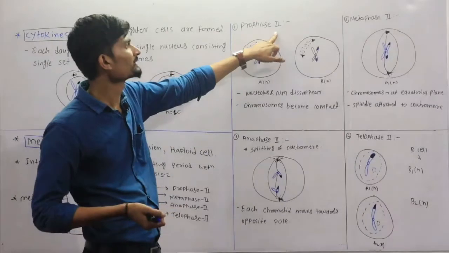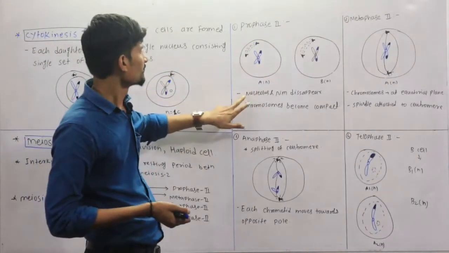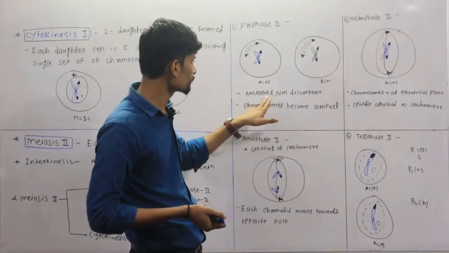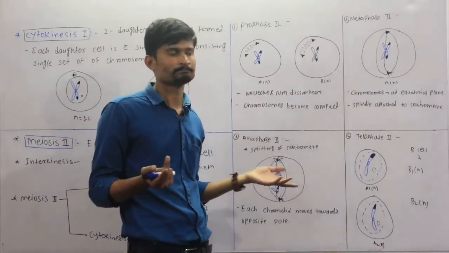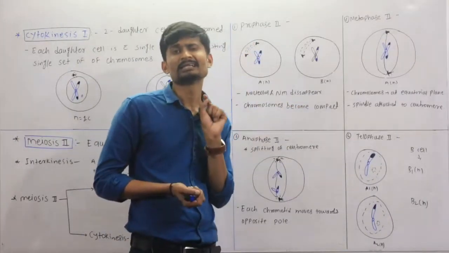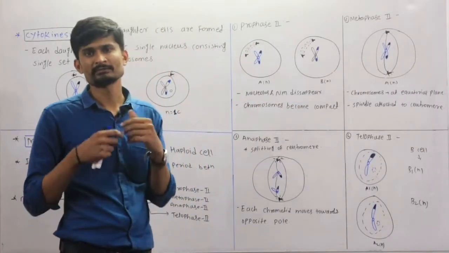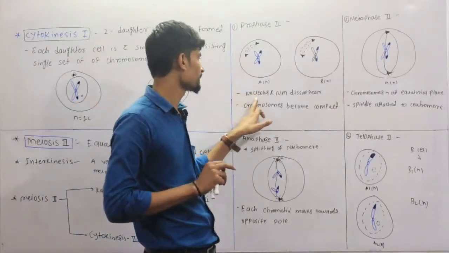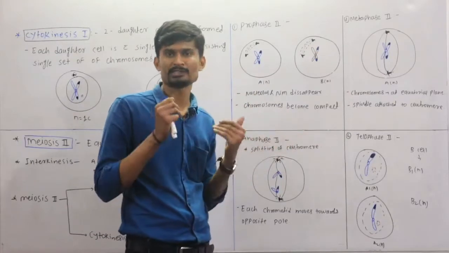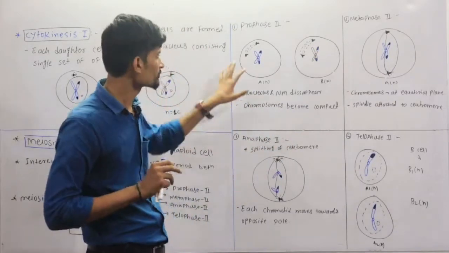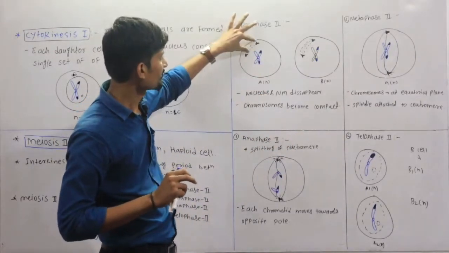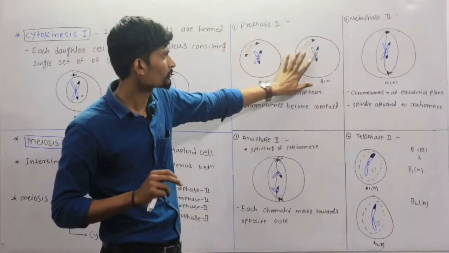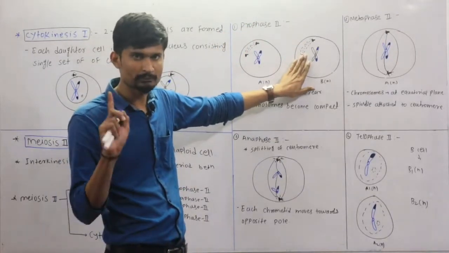We will start with prophase second. In prophase second the nucleolus and nuclear membrane disappear. You have seen in mitosis, in prophase there is a disappearance of the nucleolus and nuclear membrane. Same things are happening. Chromosomes become compact, meaning short and thick. Then centrioles start to migrate towards the opposite poles, as happens in the prophase of mitosis.